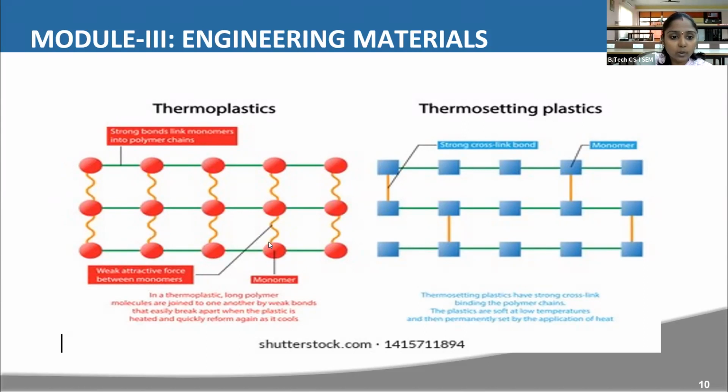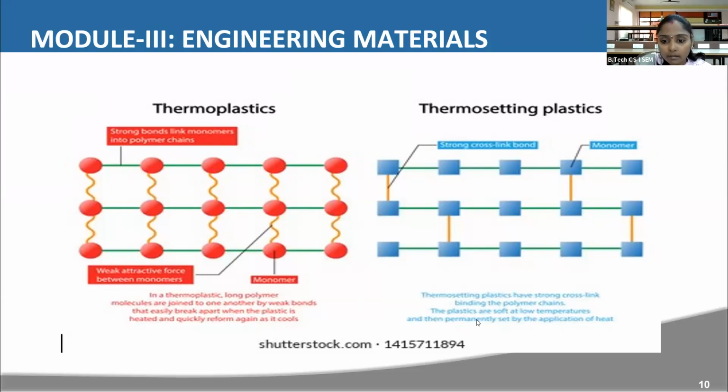In a thermoplastic, longer polymer molecules are joined to one another by weak bonds that easily break apart when the plastic is heated and quickly reform again as it cools. Thermosetting plastics have strong cross-links binding the polymer chains.